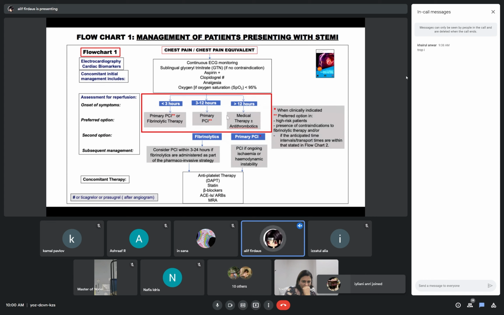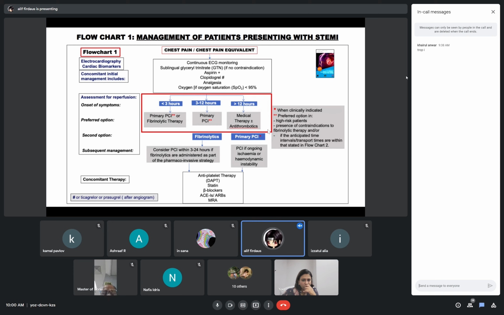And if it is after 3 hours, 3 to 12 hours, we can give primary PCI or fibrinolytics. But if, for example, we give fibrinolytics, after that, around 3 to 24 hours, we still can consider giving PCI to the patient. And if it is more than 12 hours after the onset of chest pain, we usually give medical therapy and anti-thrombotics.